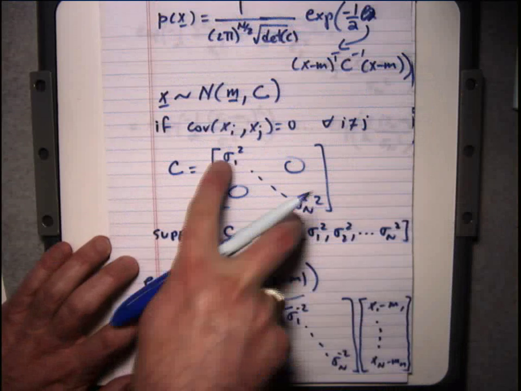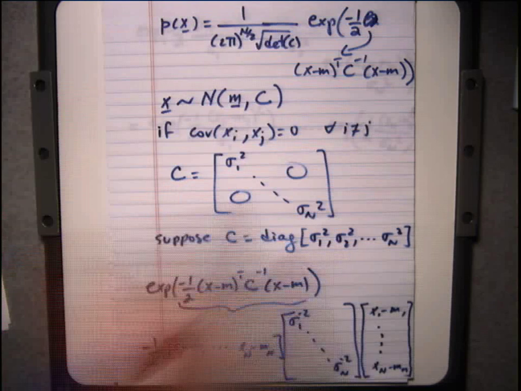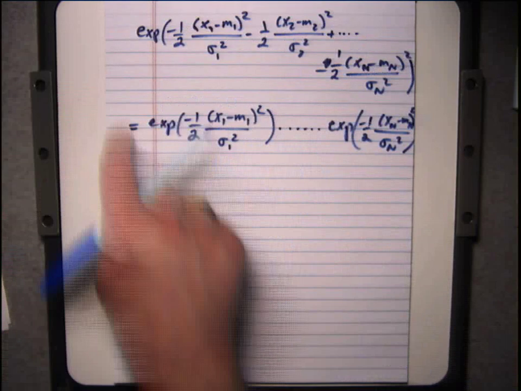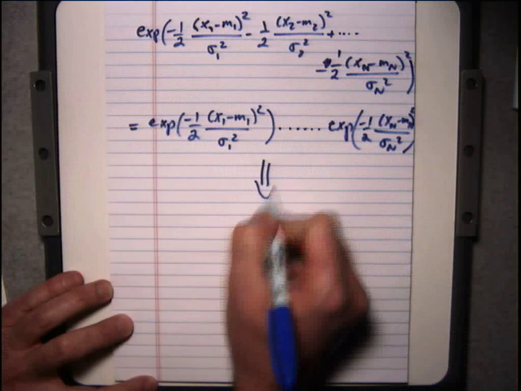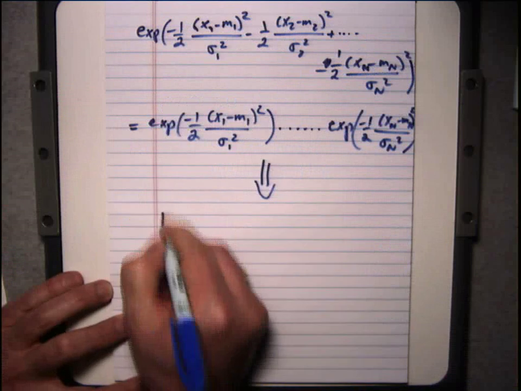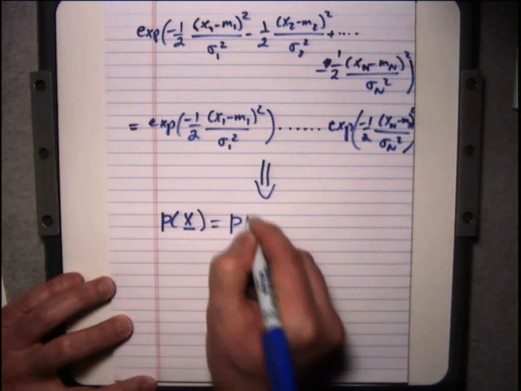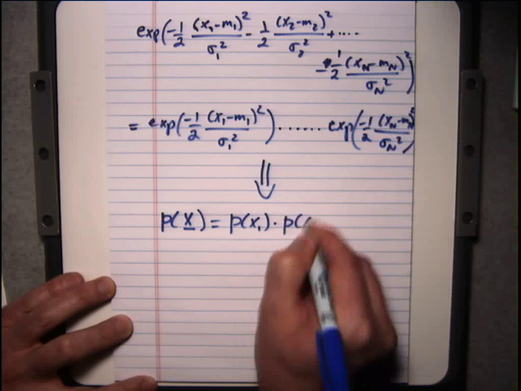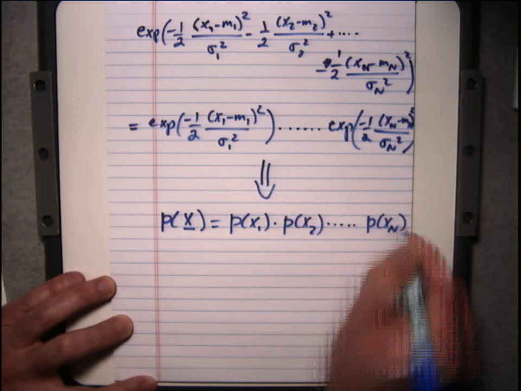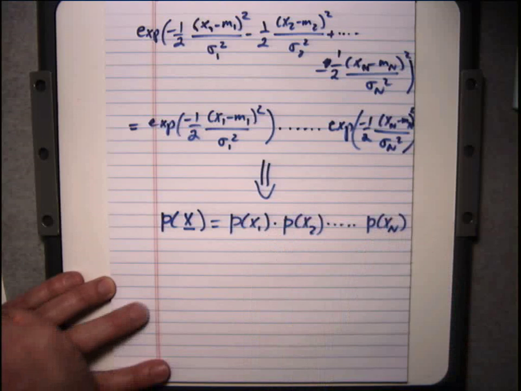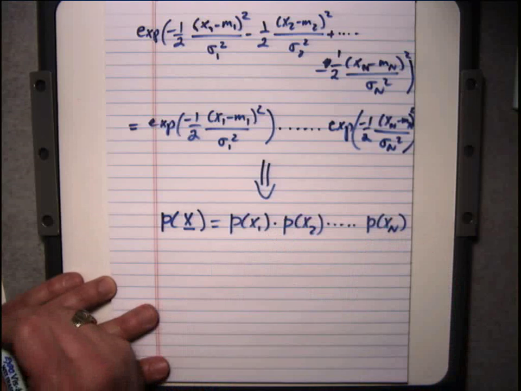So those individual variances can be separated into pieces, shared with each one of these exponentials, and the net result is that the PDF of x is going to be the PDF of x1 times the PDF of x2 times the PDF of xn. And this means independence.